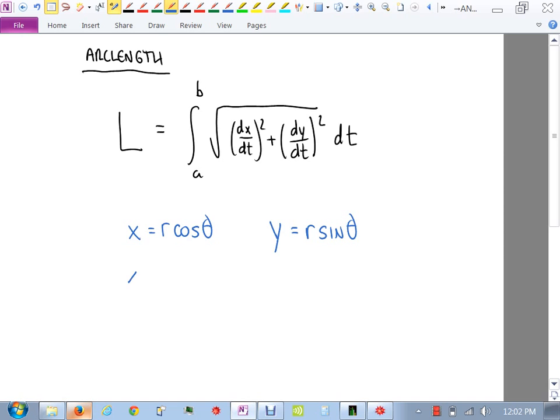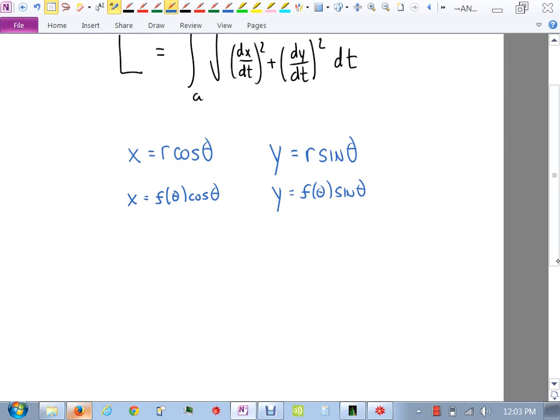If r is a function of theta, then you could just change all your thetas to t's, just use a different variable. And what you have now are parametric equations, right? Parametric equations meant you had x was a function of t and y was a function of t. That's what it was. Do you all see what I'm saying or not?